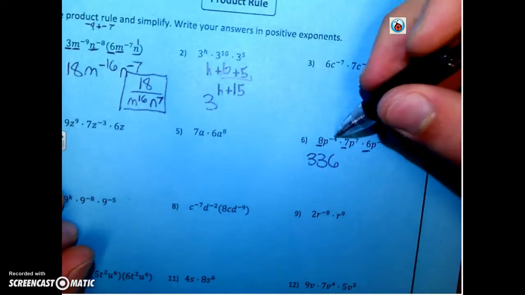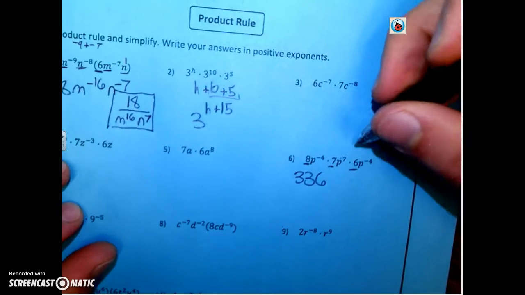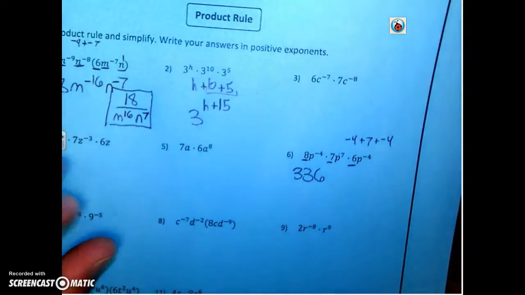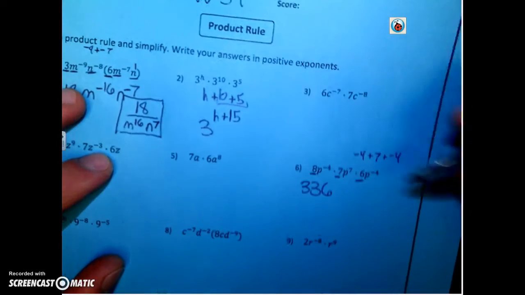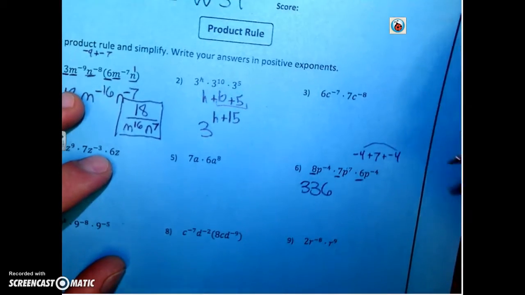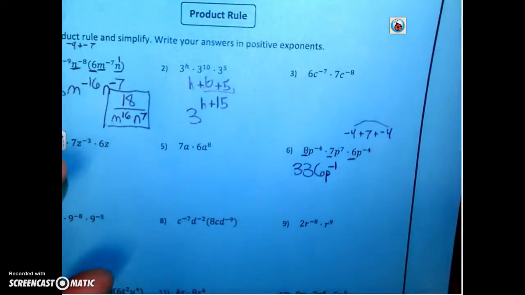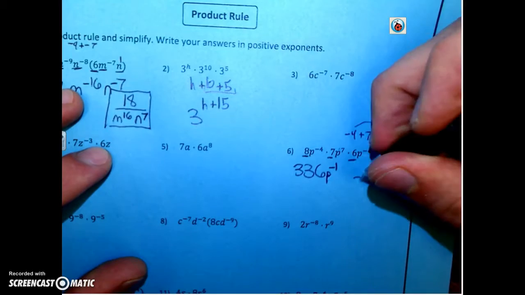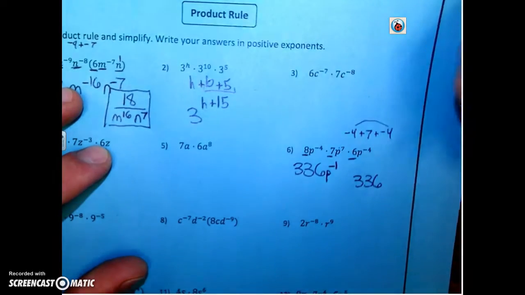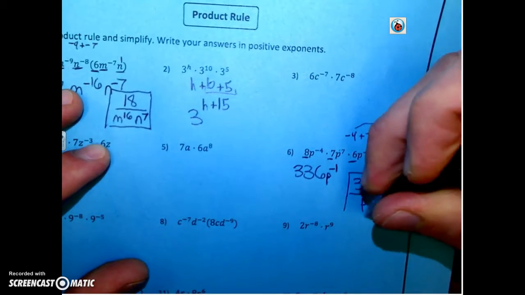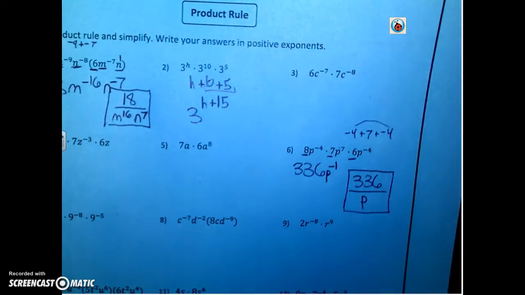All right, and then now let's add our exponents. We have the same base on all 3 of those. So negative 4 plus a 7 plus a negative 4. You can add these up in any order you want. So these together would be a negative 8. Negative 8 plus a 7 is going to give me a p to the negative 1 power, which means we need to take the reciprocal of it. The 336 is to stay up top. The p to the first power must go to the bottom of the fraction. We had to take the reciprocal.